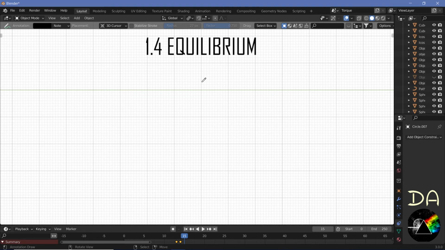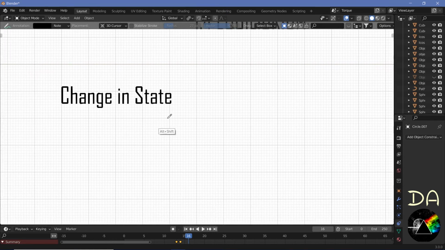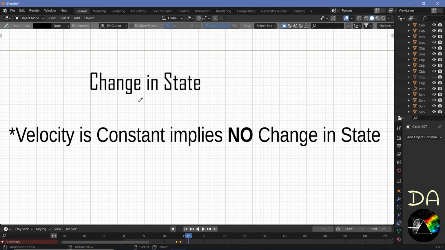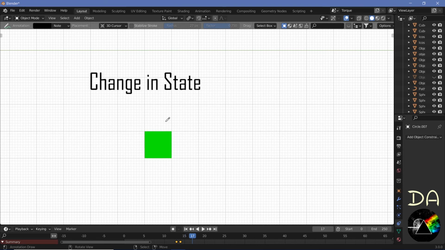So first we have to find out what is a change in state. A change in state is whenever the velocity is not constant. All right, this means that if you have an object, right now, this object is in equilibrium because the velocity is 0, which is a constant.